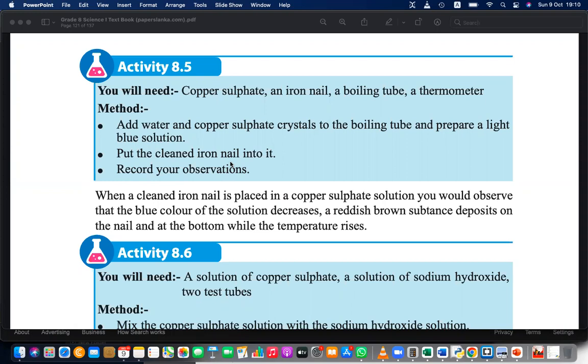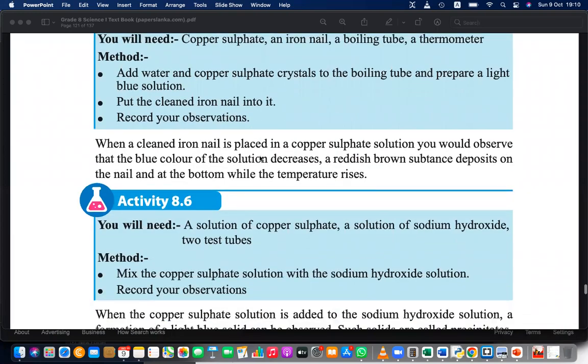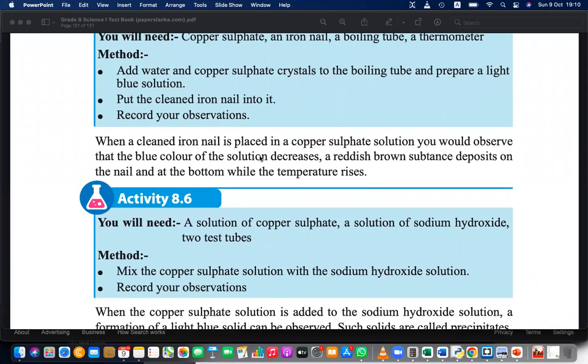First of all, you need to add copper sulfate and water. Copper sulfate crystals are blue in color, so it will create a light blue solution. Then put a cleaned iron nail into it. And what will be your observation?